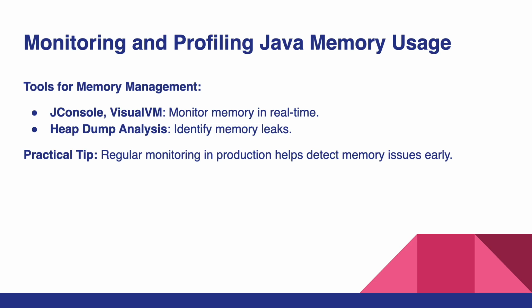Heap dump analysis, on the other hand, helps us identify memory leaks and inefficiencies. By regularly profiling applications, we can detect potential memory issues early and adjust accordingly, ensuring the application remains efficient over time.